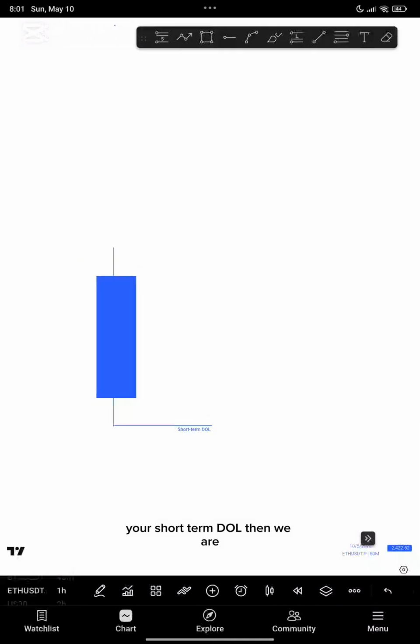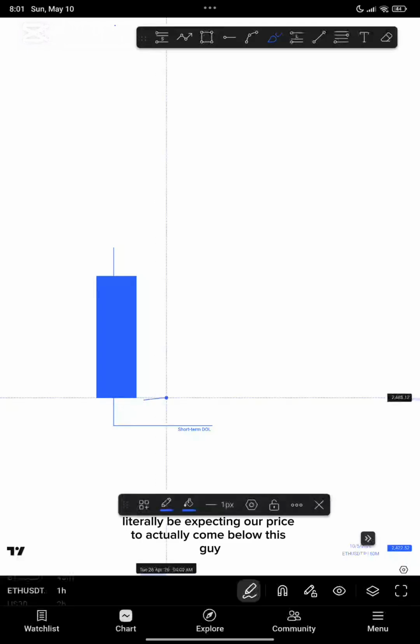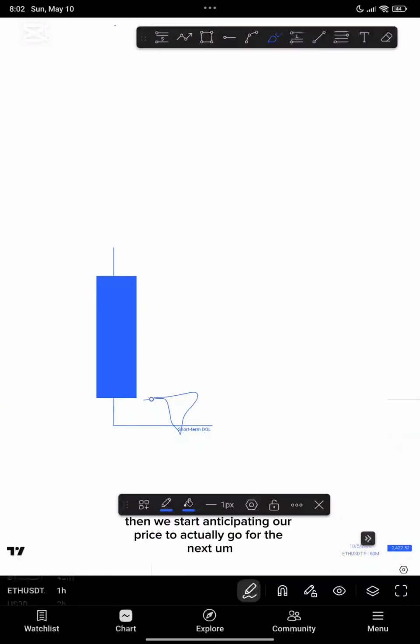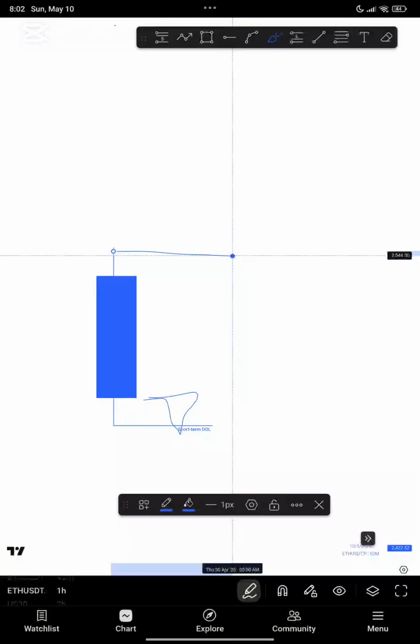We'll be expecting price to come below this, then reject back into this, and close below this. Then we start anticipating price to go for the next, the long-term draw on liquidity. That is where you start expecting expansion from, and where you'll be looking for your trade opportunities.